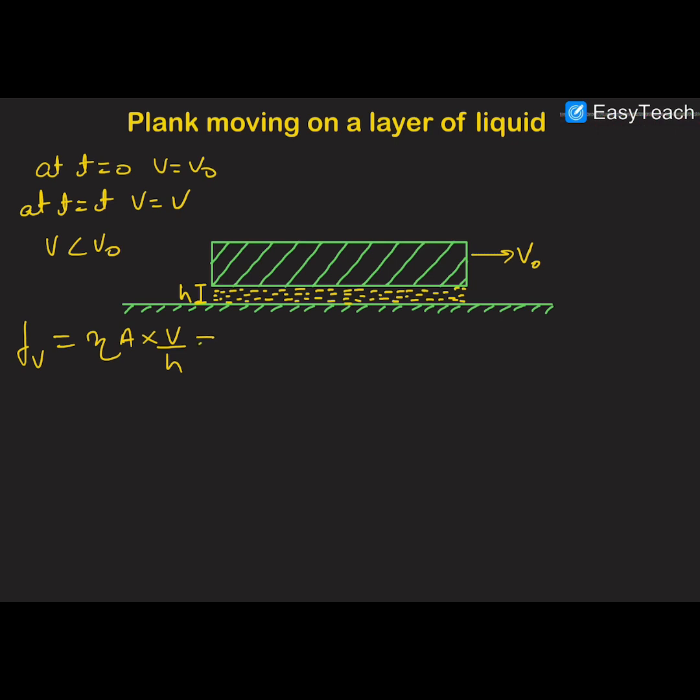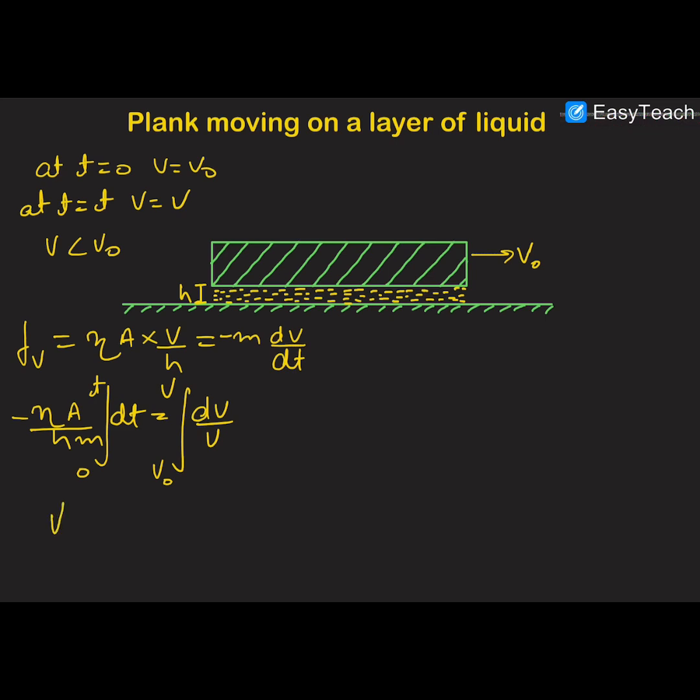So this viscous force will be equal to m into a, where a is acceleration, so acceleration will be dv by dt with a negative sign, and this negative sign shows that v is eventually decreasing with time. So eta A by h m into dt will be equal to dv upon v integration, and there is a negative sign also. The limit of time will be from 0 to t, and limit of velocity will be from v naught to v.